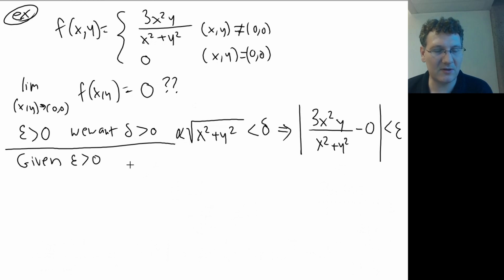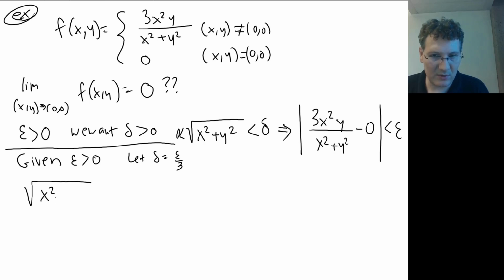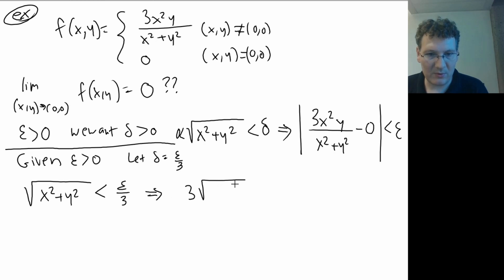Okay, so given an epsilon greater than 0, we let delta be epsilon over 3. As long as the square root of x squared plus y squared is less than epsilon over 3, that's equivalent to 3 times the square root of x squared plus y squared being less than epsilon.